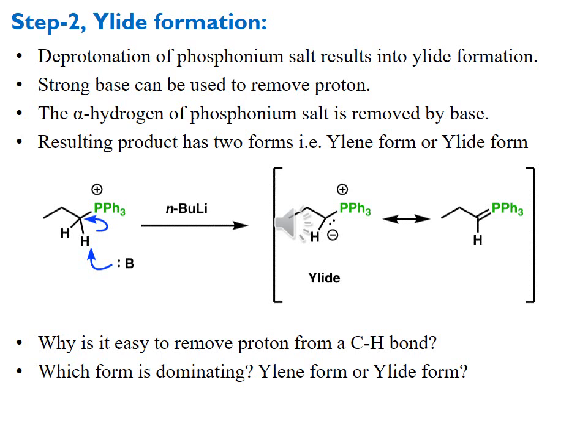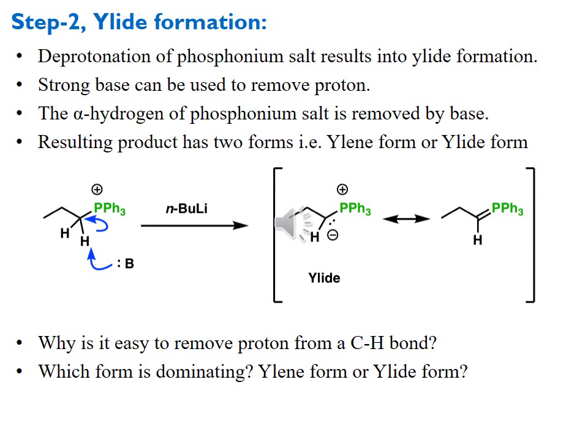The alpha hydrogen of the phosphonium salt is removed by the base. The resulting product has two forms: the ylene form containing a double bond, and the ylide form containing formal positive and negative charges. Here are two questions.